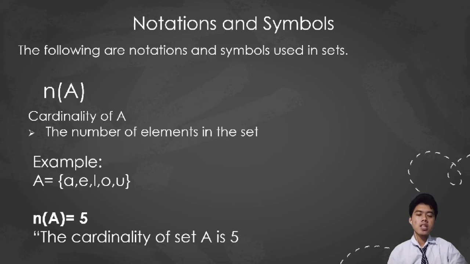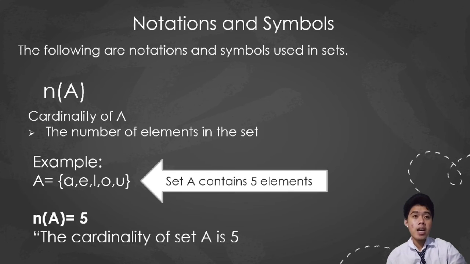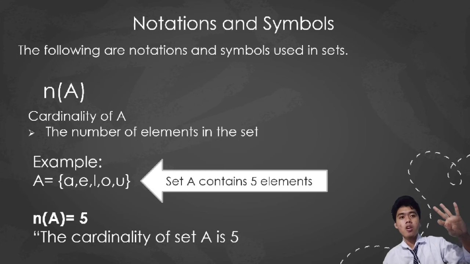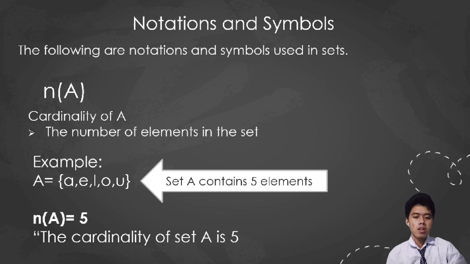So, yung cardinality of set A is 5. Bakit? Kasi set A contains 5 elements, which are a, e, i, o, u. 5 lahat ng elements natin. So, the cardinality of set A is 5. Tandaan nyo lang na yung cardinality is yung bilang ng elements doon sa set.